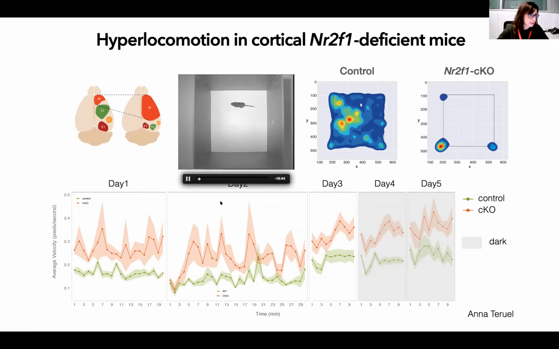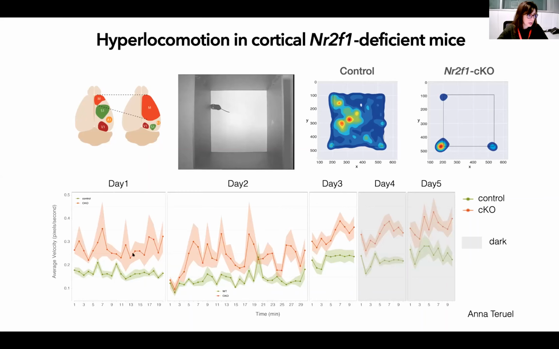You can see we started doing analysis of exploratory behavior of NR2F1 deficient mice, which have a very particular phenotype, in addition to this jumping phenotype in the corners.